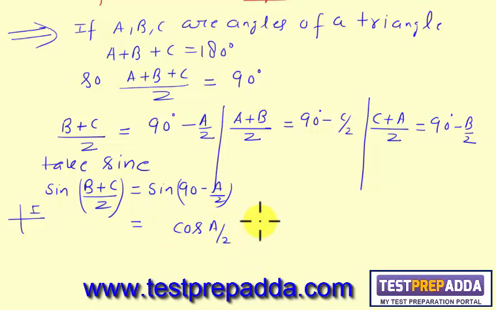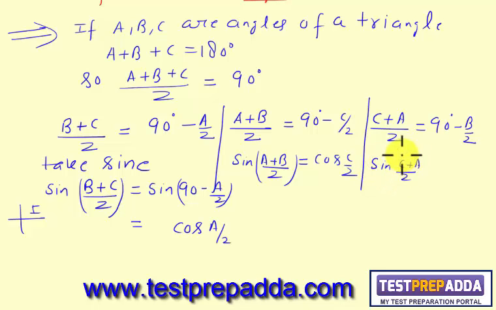If this is the case, I can write similarly sine A plus B by 2 is equal to cos C by 2. Okay, I can write sine C plus A by 2 what? Cos B by 2. Got the idea? So, what conclusion can you draw from here?